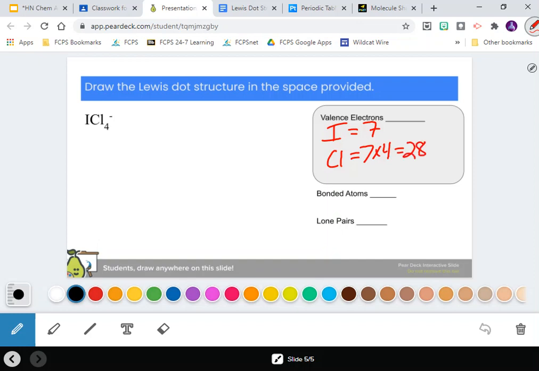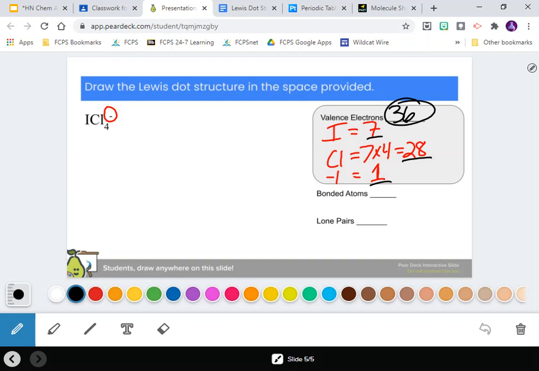Now, what do we do about this -1 charge? What does that mean? We need to add an electron, so we're going to add another one in. Good, so we have 7 plus 28 plus 1. That's a total of 36. Check my math on that. I think that's right.